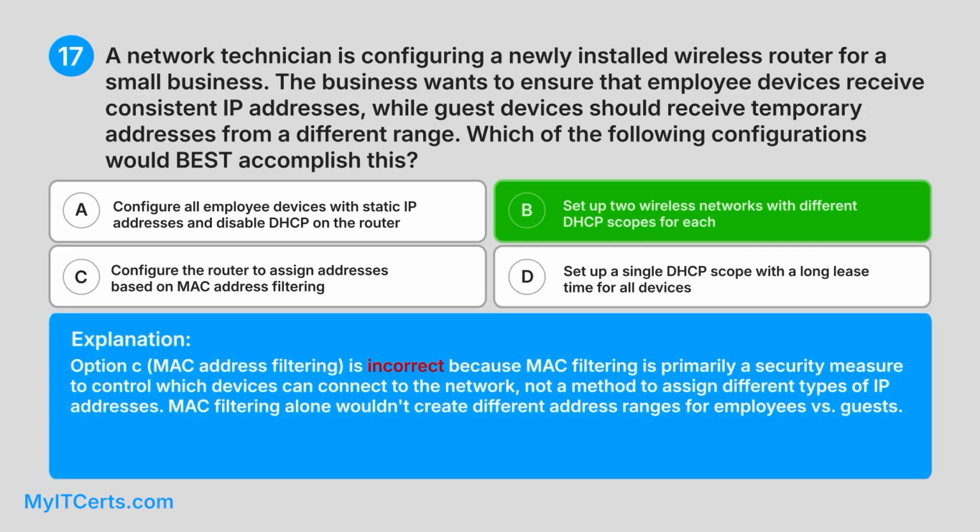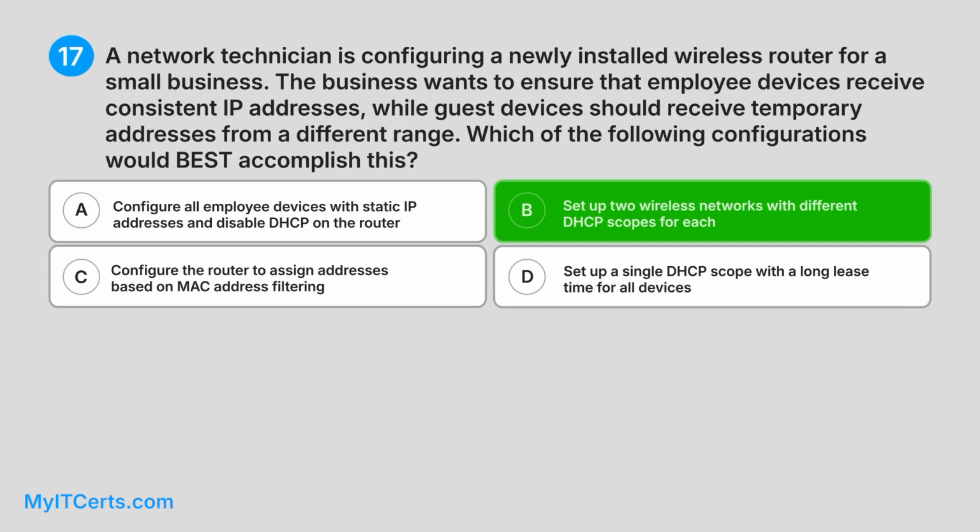Option C. Configure the router to assign addresses based on MAC address filtering is incorrect because MAC filtering is primarily a security measure to control which devices can connect to the network, not a method to assign different types of IP addresses. MAC filtering alone wouldn't create different address ranges for employees versus guests.